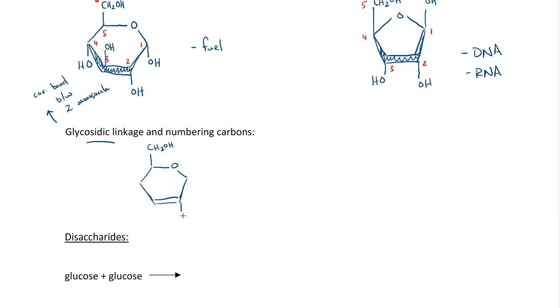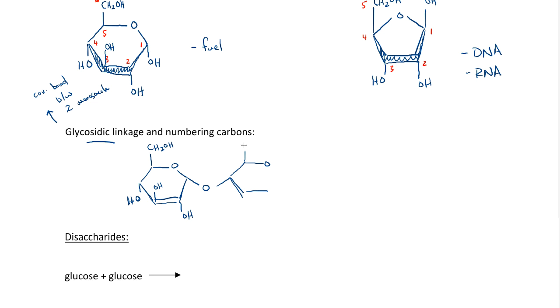I've got one alpha glucose here, and I'm not going to draw the carbon number 1. Remember, this is carbon number 1. I'm not going to draw the hydroxyl group coming off of it, because it's actually going to be involved in a bond with the hydroxyl from carbon number 4 of the next glucose over.